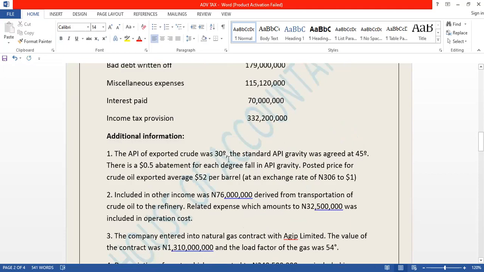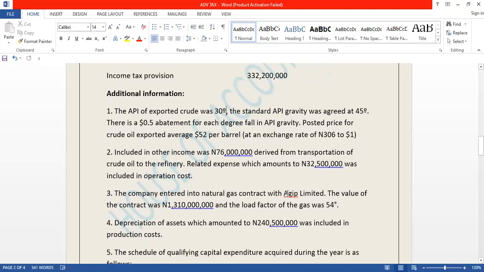The API of the exported crude was 30 degrees. The standard API gravity was agreed at 45 degrees. There is a $0.5 abatement for each degree fall in API gravity. Posted price for crude oil export averaged $52 per barrel at an exchange rate of 306 naira to $1.